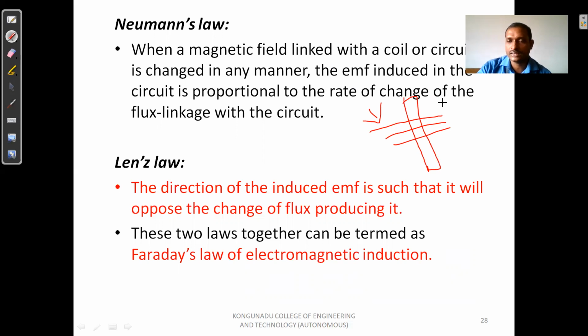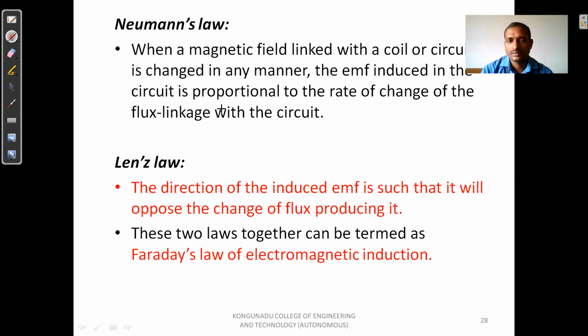The induced EMF is proportional to the rate of change of flux linkage with the circuit. This is called Newton's law.